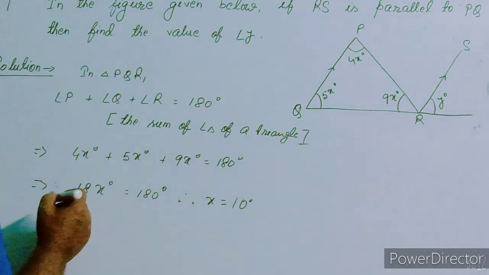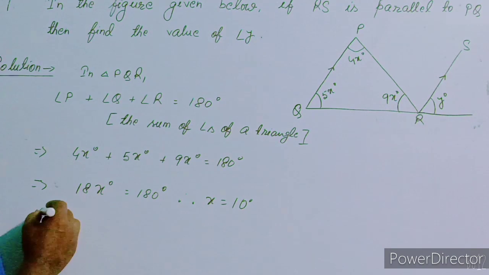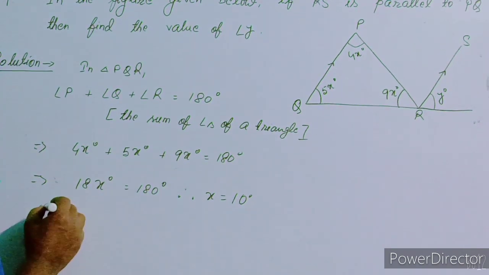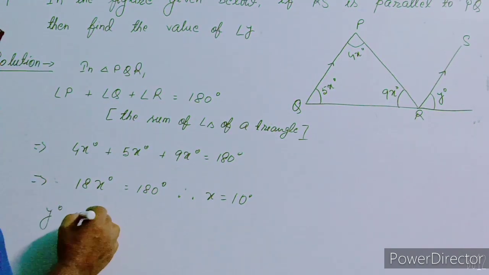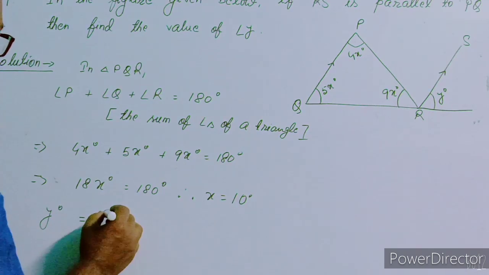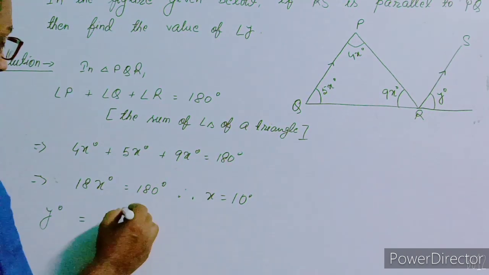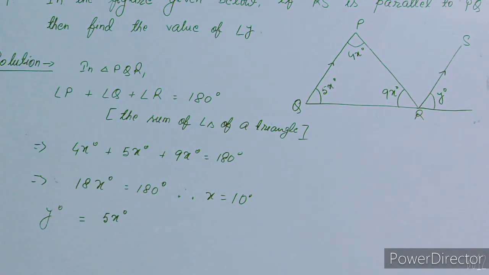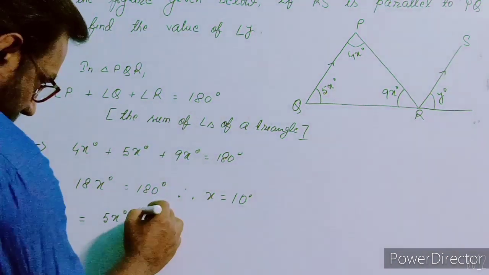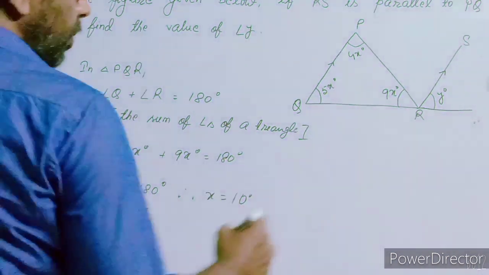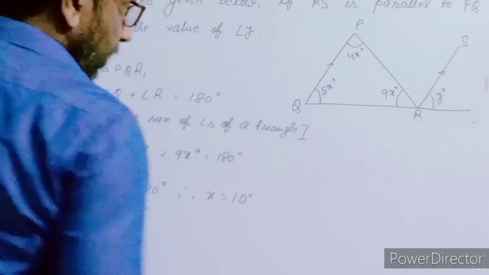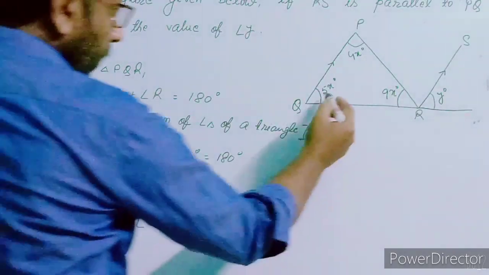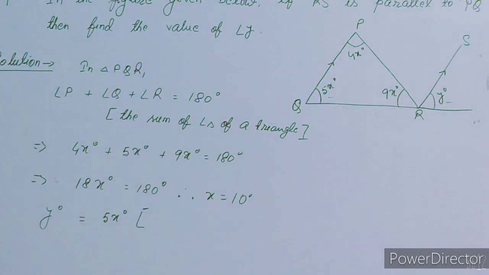Now we write angle that is y degree is equal to 5x degree. Why do we say? Reason is PQ is parallel to RS. Therefore, these two angles became corresponding angles.